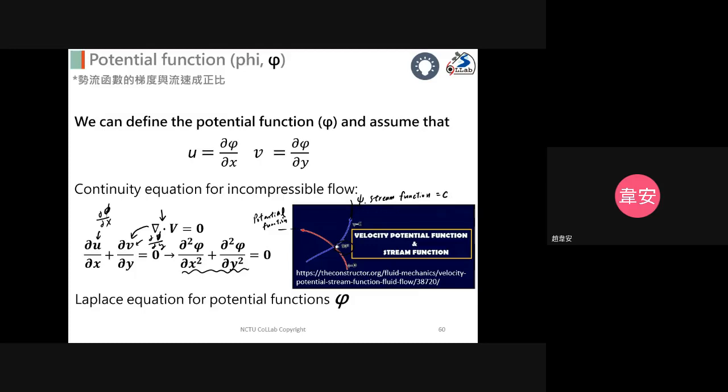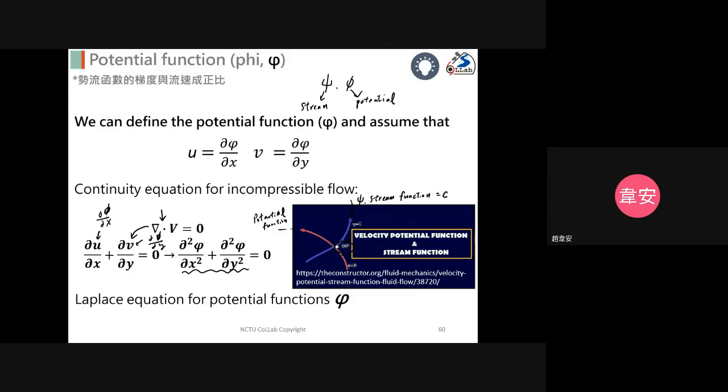So ψ and φ, one is the stream function and the other is the potential function. Usually they can be used to describe the flow velocity.